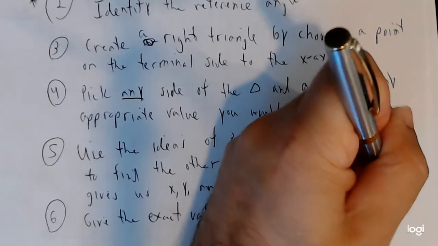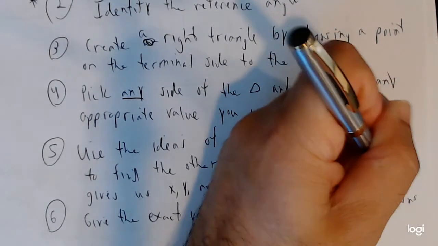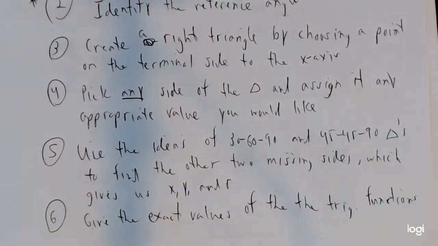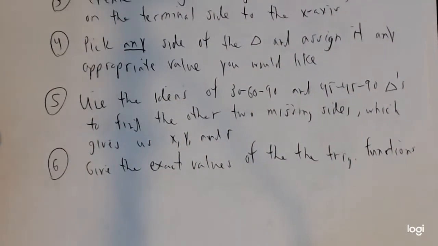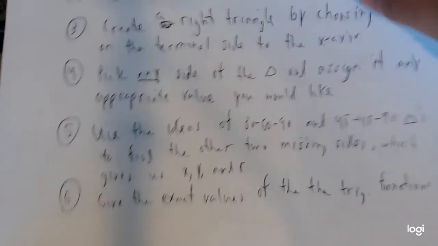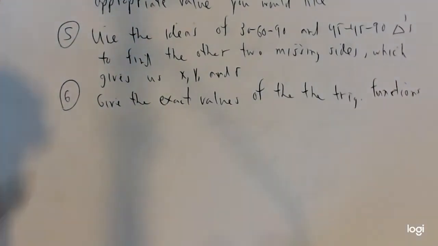In all honesty, the hardest part is finding your x's, y's, and r's. If you follow through these steps, and they should look very familiar to you, you've seen them before. So let's look at some examples where we'll put this to use. And then we'll work backwards, but let's not worry about working backwards just yet.